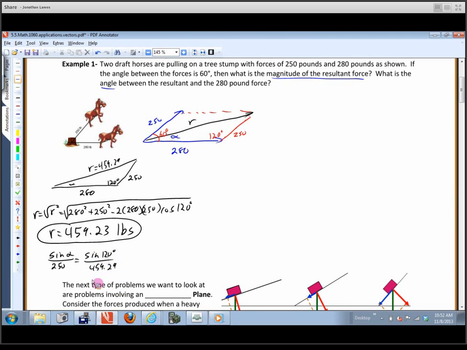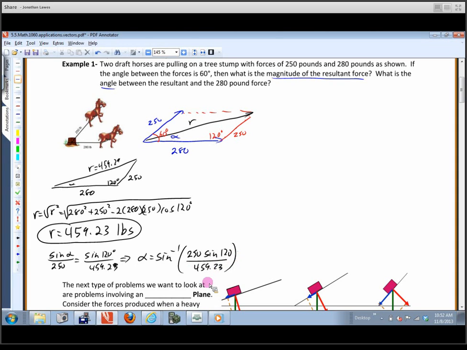And I've still got that number stored in my calculator, so let's see what we do here. We'd multiply both sides by 250 and then take the sine inverse. So alpha would be equal to sine inverse of 250 sine 120 over 459.23.